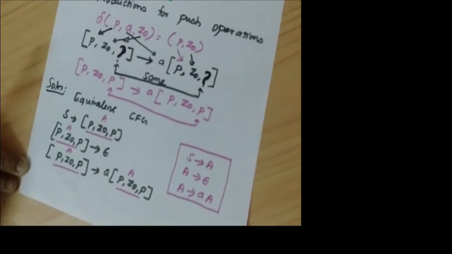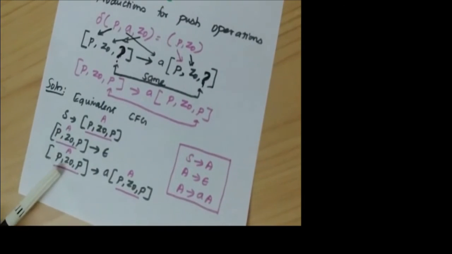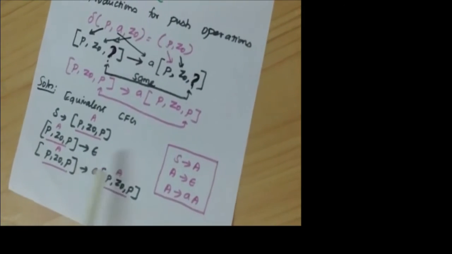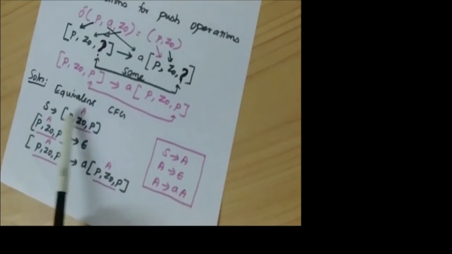Here I have given the variable name A. So here also I rename it as A, here also A, here also A. So if you rewrite the grammar, then you will have S gives A, A gives epsilon, A gives AA. So this is the equivalent grammar for the given PDA.